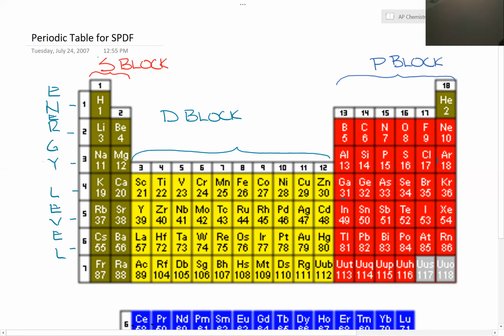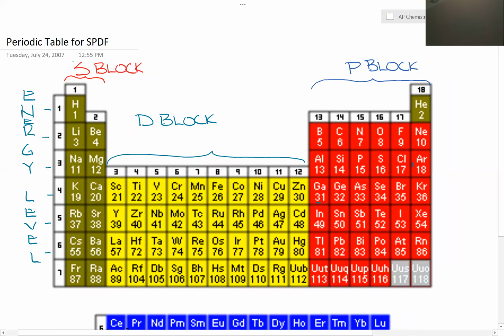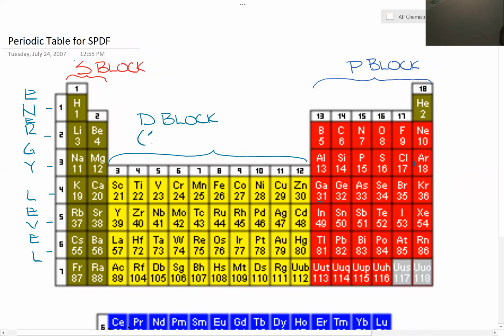In terms of the energy level, the D block is 1 energy level less. So this is actually kind of ingenious in terms of how you can do this in the short notation.